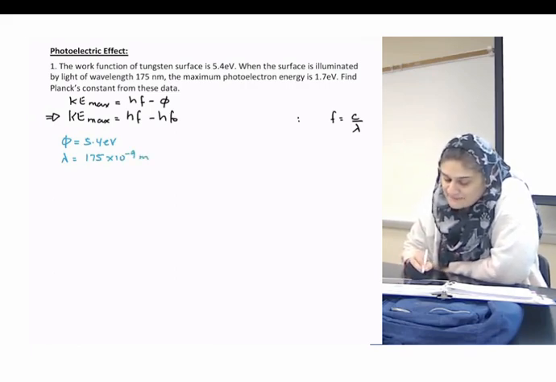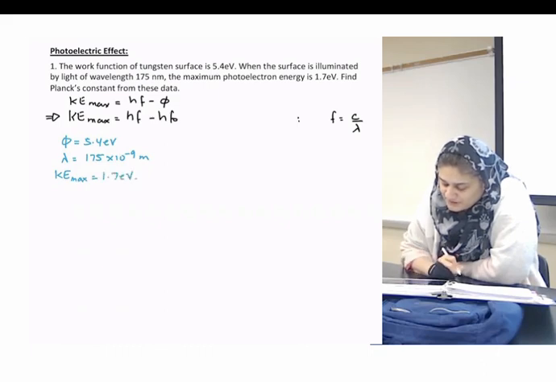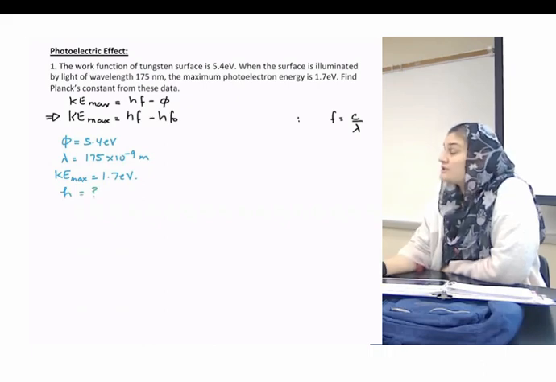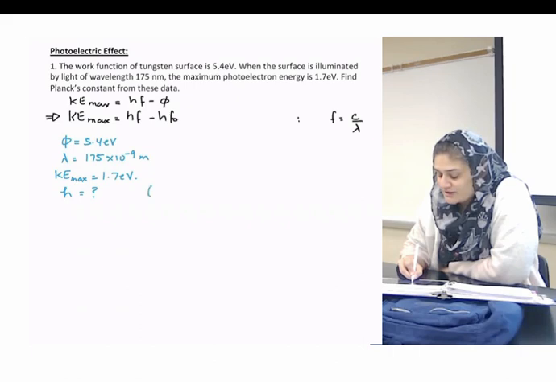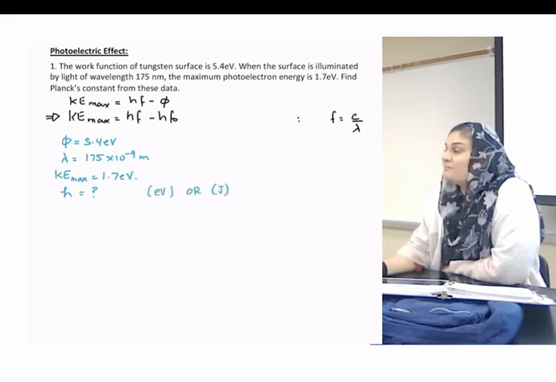And the maximum kinetic energy, the photoelectron energy, is 1.7 electron volts. And we are being required to find Planck's constant. So it's your choice. You can find Planck's constant in electron volts or in joules, whatever you want.